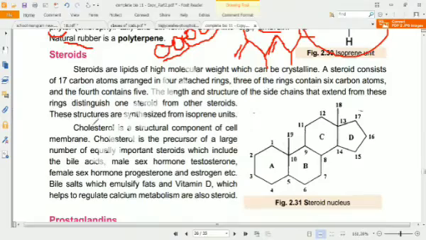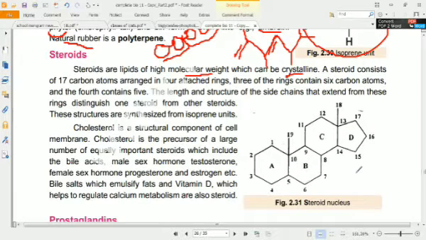So let's talk about steroids. Steroids are lipids of high molecular weight, and they can be crystalline as well. One steroid unit consists of almost 17 carbons. You can see here 17 carbons are there, but they are arranged in 4 hydrocarbon rings, and these rings are attached in this form.